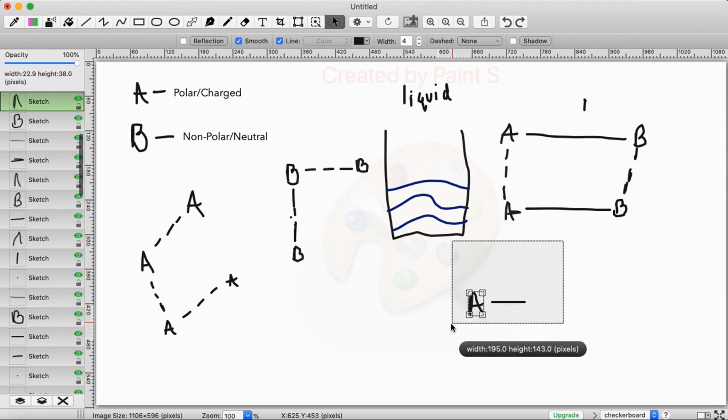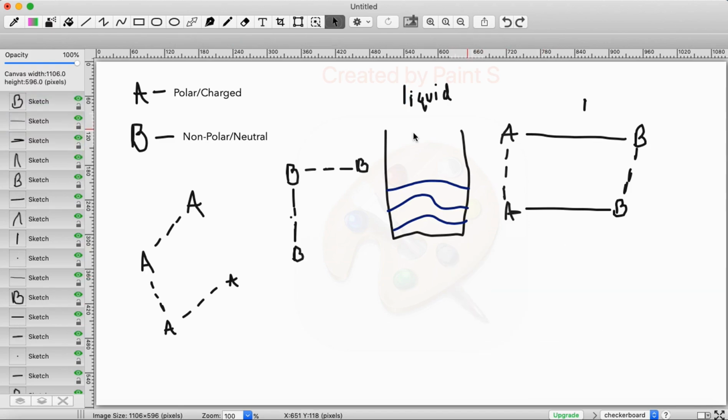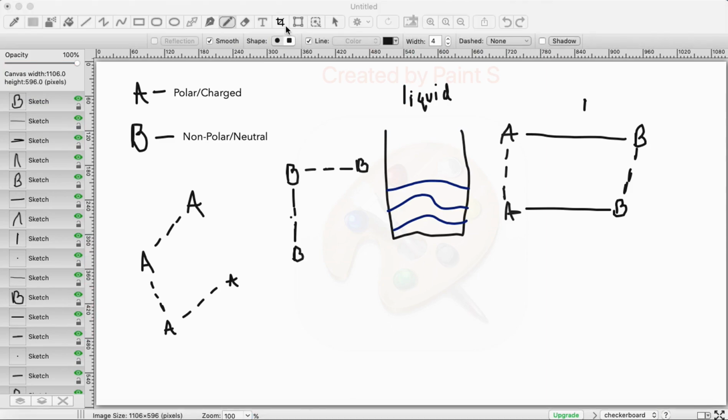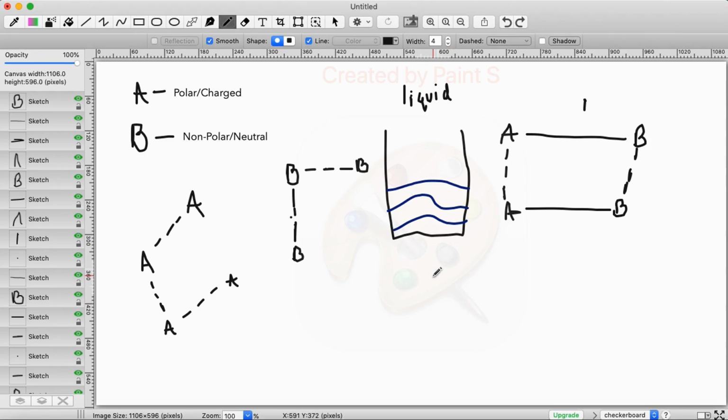Why is that significant? Well, if you know what a phospholipid is, they're organic molecules, and they have this structure. They have a polar head, and then they have a non-polar end.